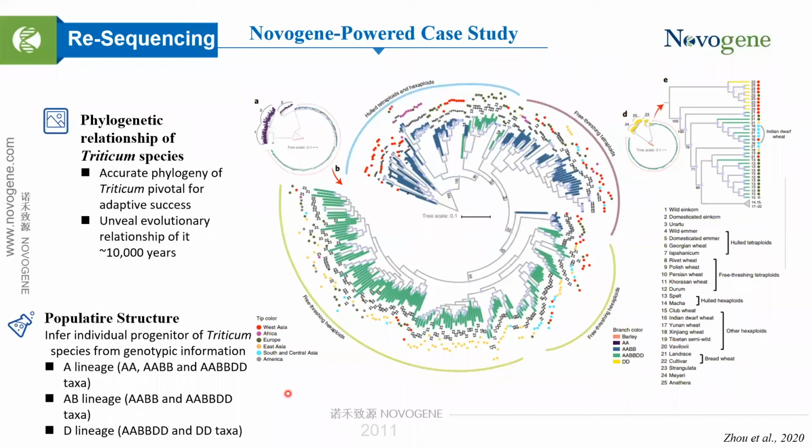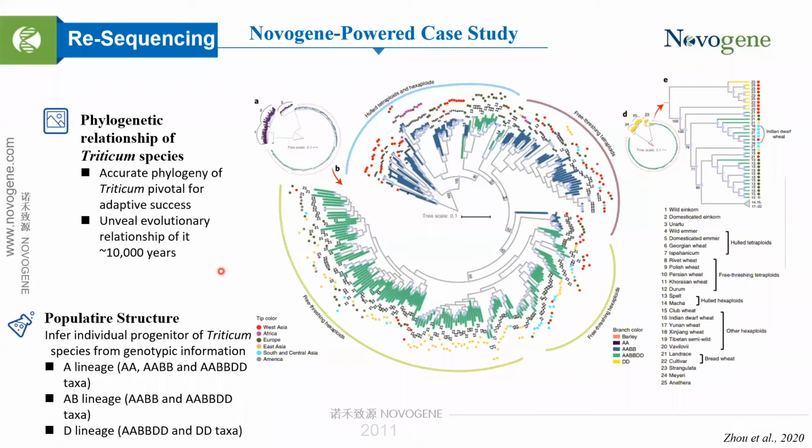And this is a phylogenetic relationship of critical species presented here. And from the result of it, the authors inferred the individual progenitor of critical species from the phenotypic information.